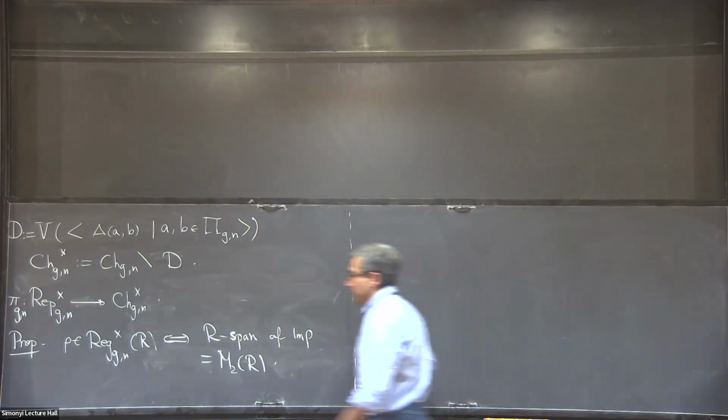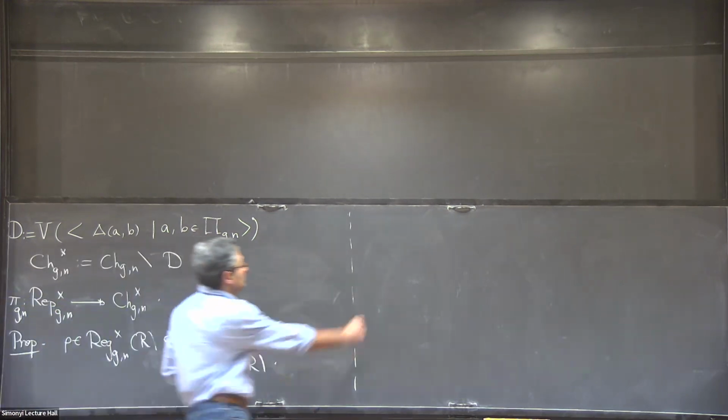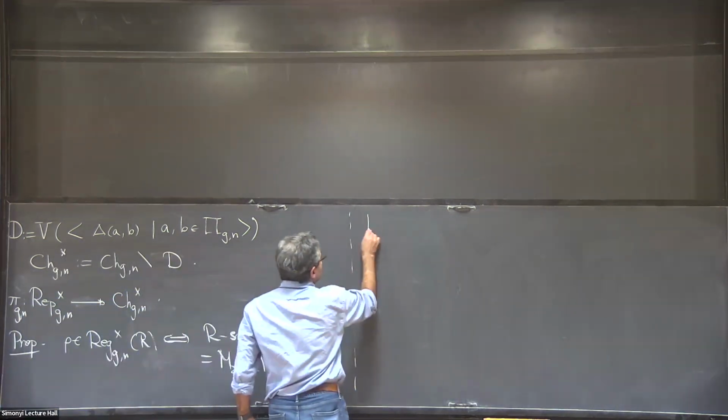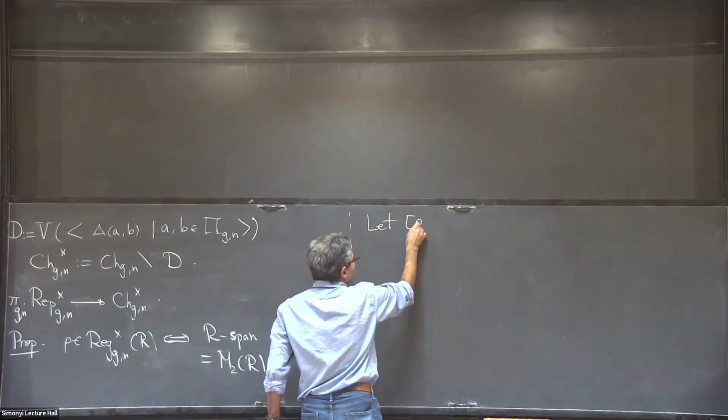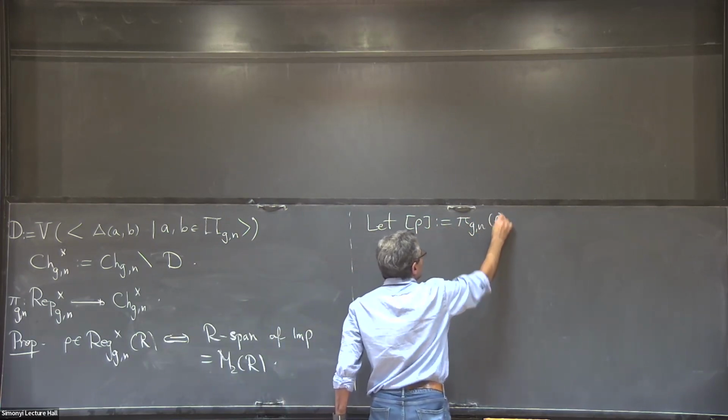So for instance, let's start with saying, if I give you two points here, if they map to the same thing, then what happens? For simplicity, I'm going to denote the bracket of a point to be the pi of that point.